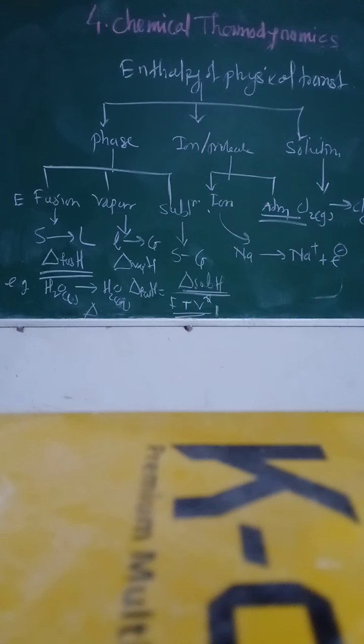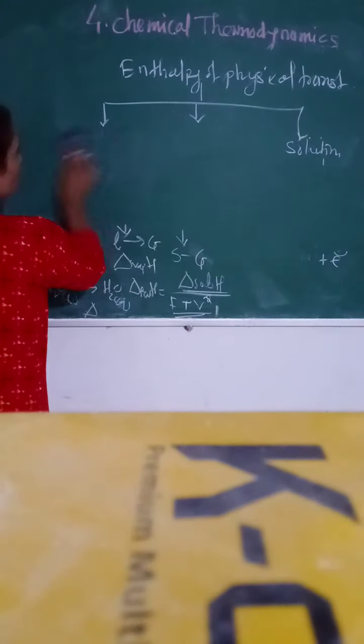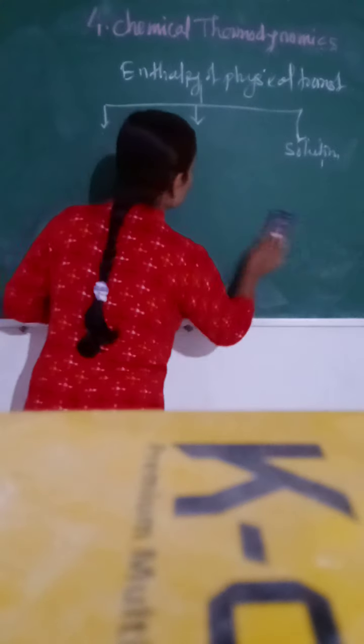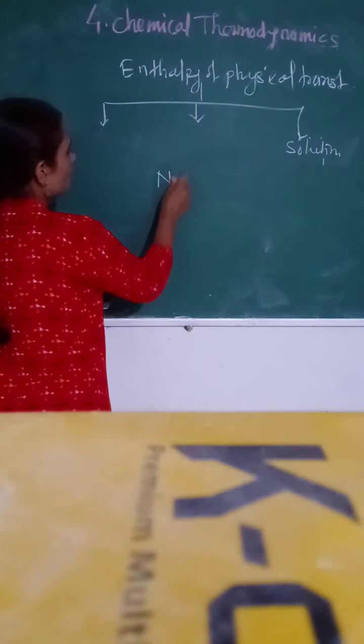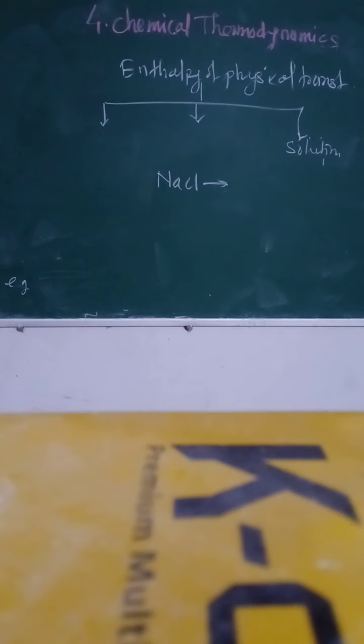And the last is the enthalpy of solution, for the NaCl example. The enthalpy of solution is given for NaCl, which is converted into Na plus and Cl minus ions.